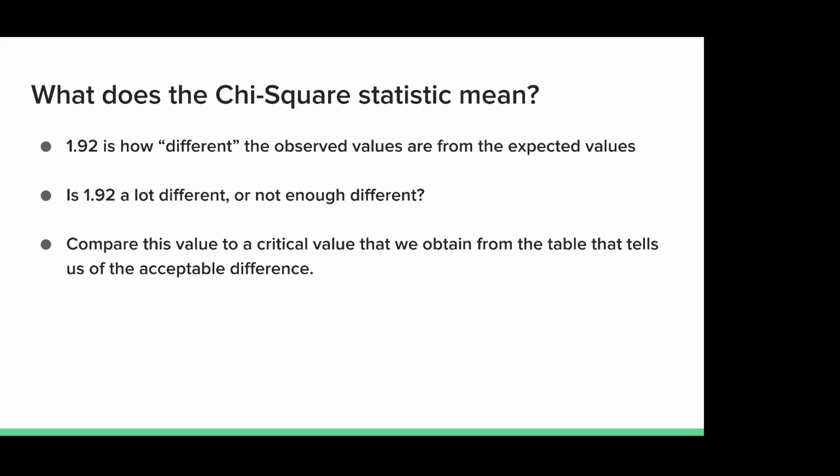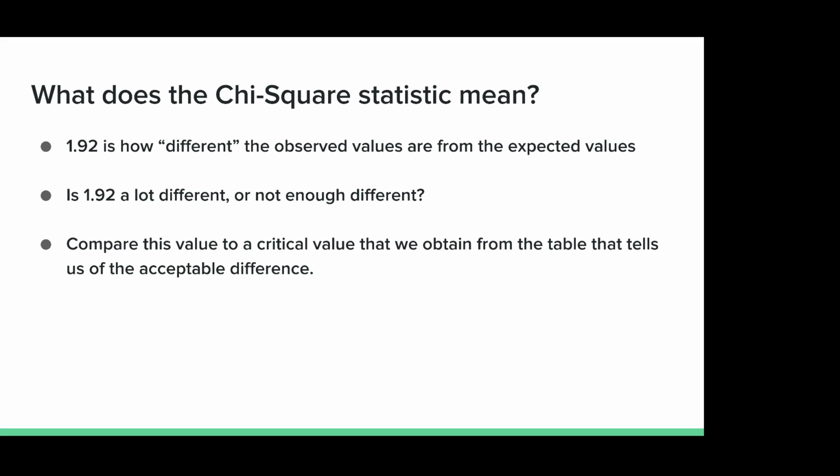So we need to compare this 1.92, the determined value, to a critical value. We obtain the critical value from a chi-square table, as provided to you on the AP exam equation and formula sheet. I forget which one.